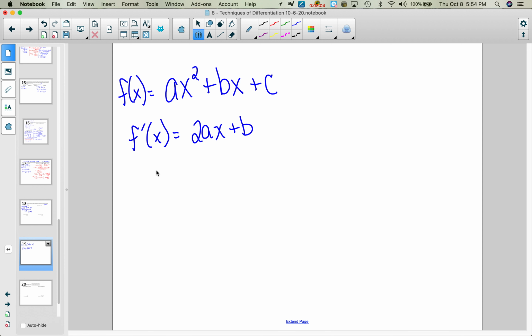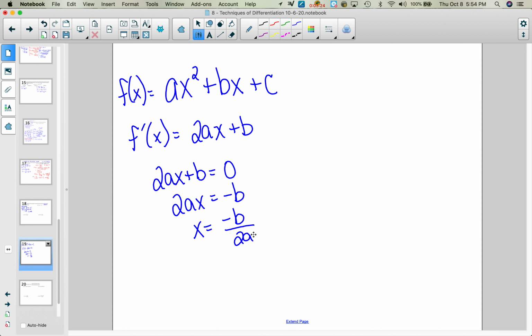Then I would set the derivative equal to 0 to find the horizontal tangents, and I'm going to solve for x. So I'm going to subtract b and divide by 2a. Does that look familiar? The opposite of b over 2a.